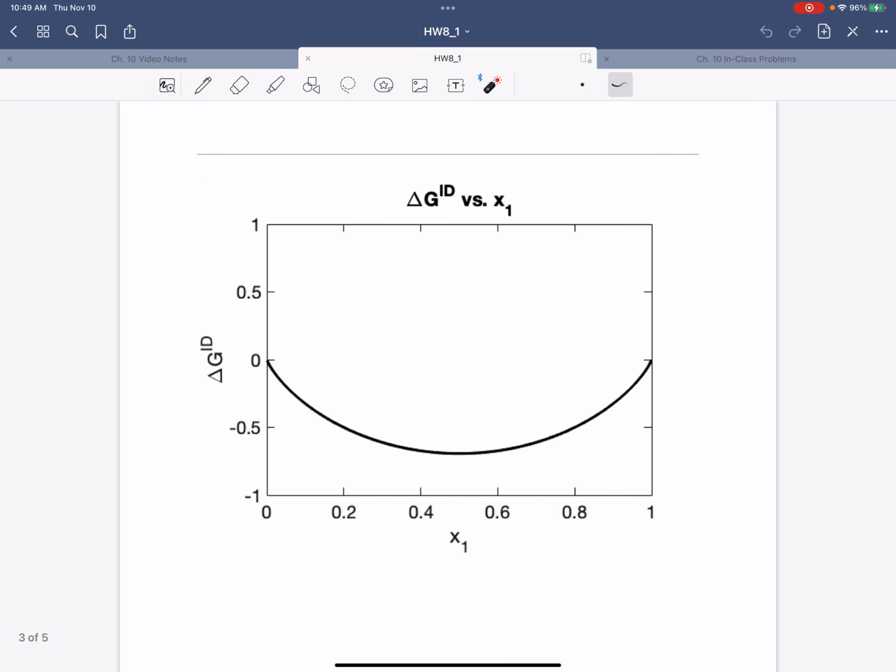And so for this first plot, once again, this is the delta G of mixing for the ideal case divided by RT. And so once again, this was x1 ln of x1 plus 1 minus x1 ln of 1 minus x1. Okay?